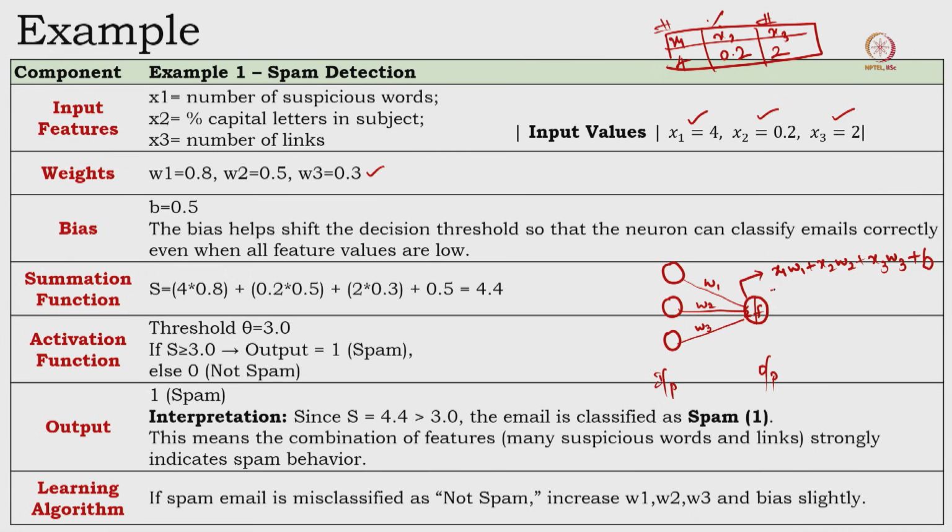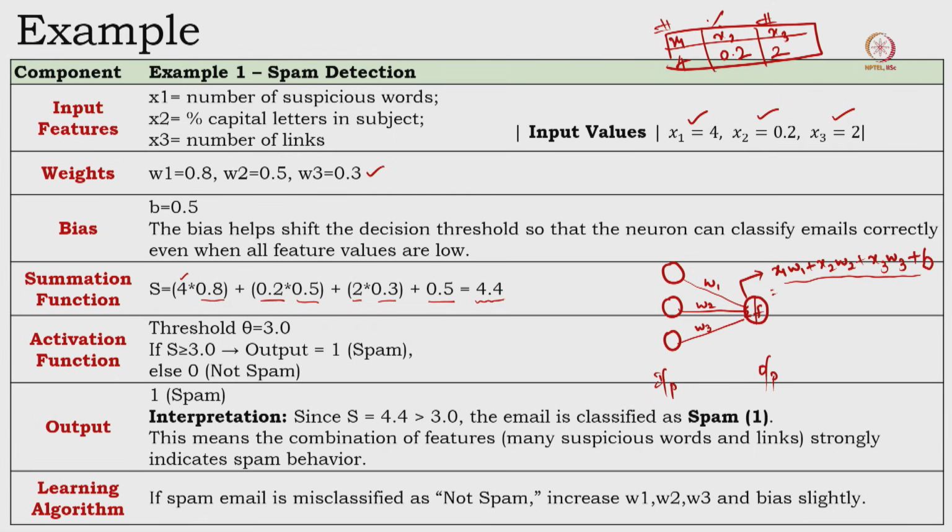So just substitute the values. x1 is 4 and W1 is 0.8, x2 is 0.2 and W2 is 0.5, x3 is 2 and W3 is 0.3, and then we add the bias term. The bias value given here is 0.5. When we perform this entire operation, the resultant value we get is 4.4.